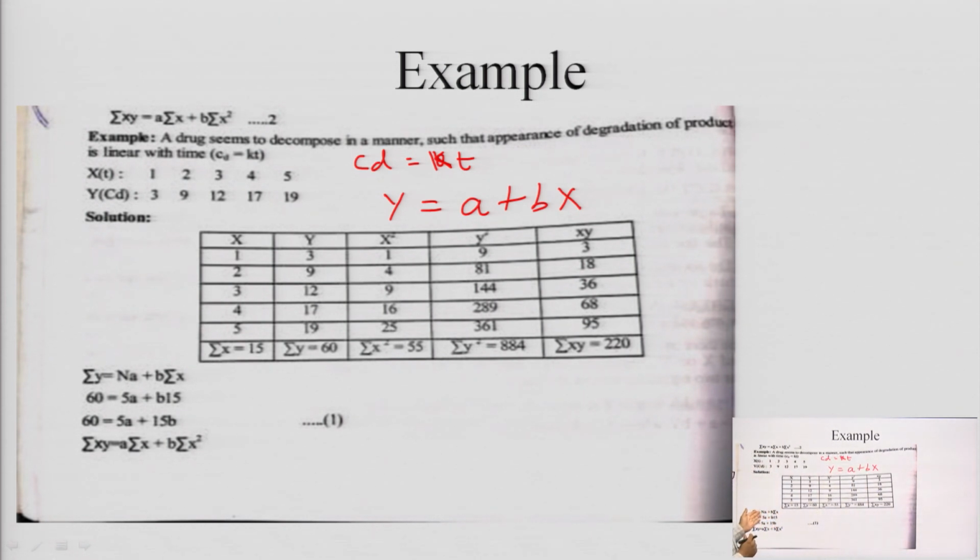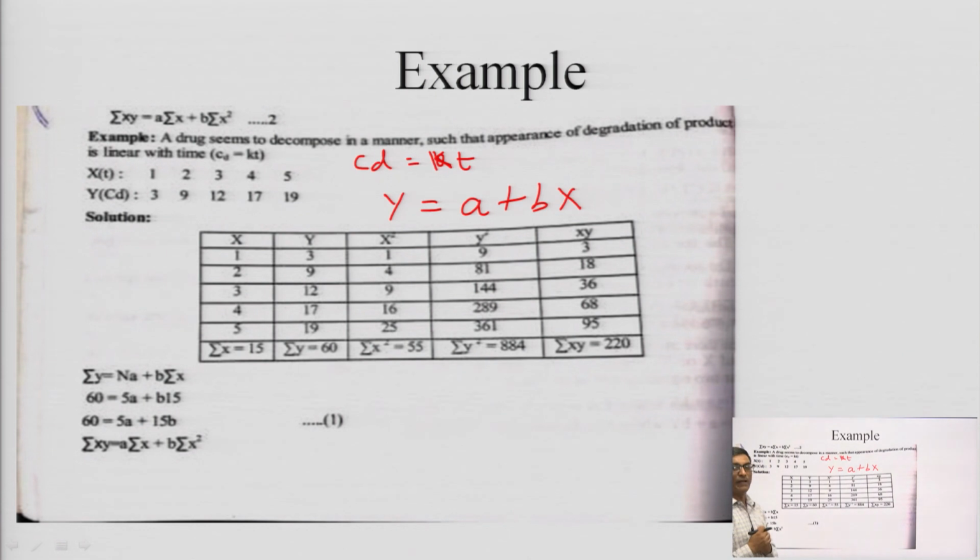To find the values of summation y, summation x and all these terms, we first find the sum of the x values. Write the values of x in a table form: 1 plus 2 plus 3 plus 4 plus 5, this will be equal to summation x. Then we find the sum of y, that is we total the values of y and we get summation y.